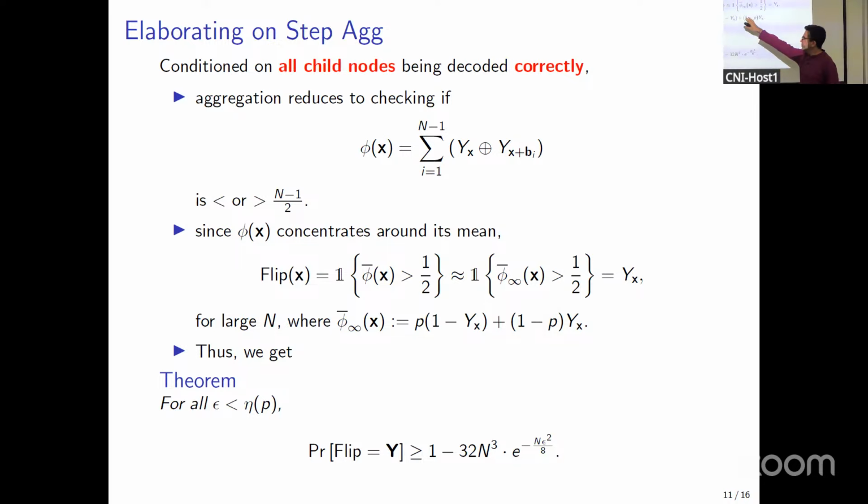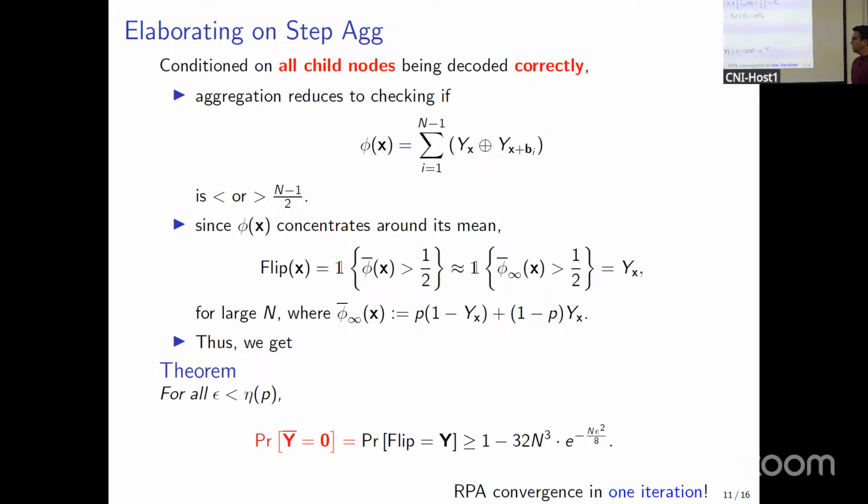But there is some trickery involved in going from here to here. It is not hard, but it is required to be done. So we have RPA convergence in one iteration simply via this procedure. We analyze the leaf nodes, we analyze the aggregation procedure, and that already gives us a very good looking expression for the error probability.